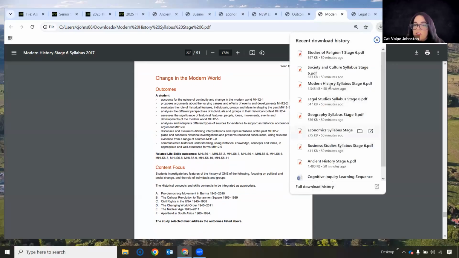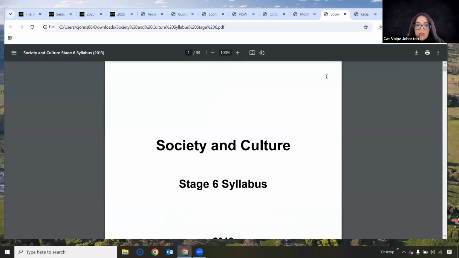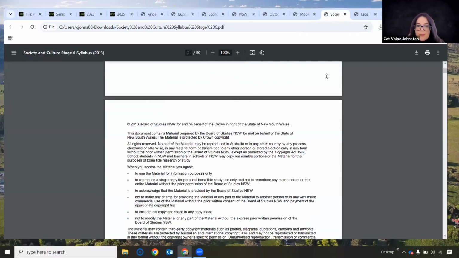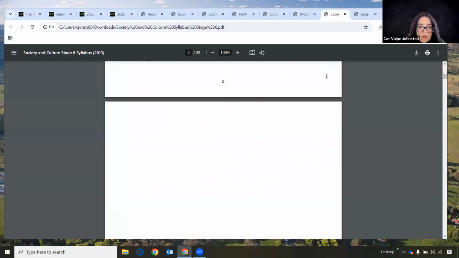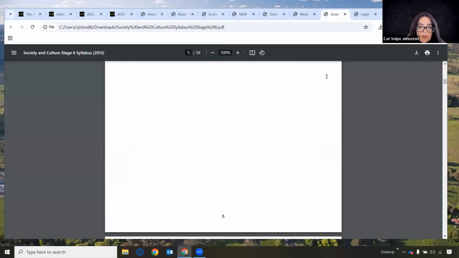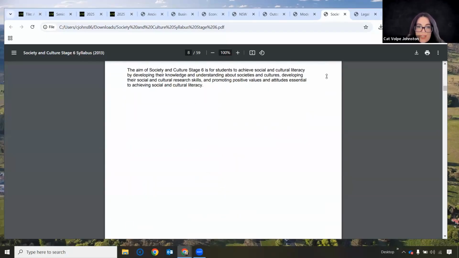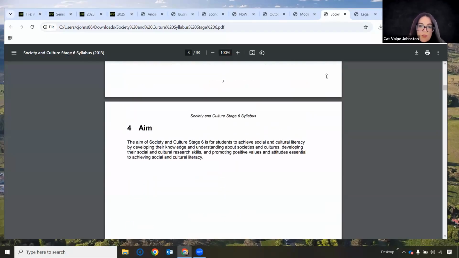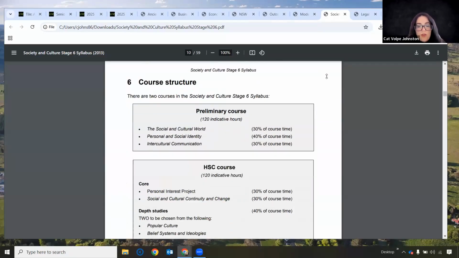All right, let's go to society and culture. All right, this syllabus is really not the easiest to understand. It'd be good to see what they do with the new one. Okay, there's a rationale, the aim, objectives, course structure.